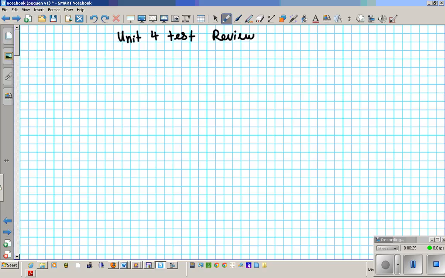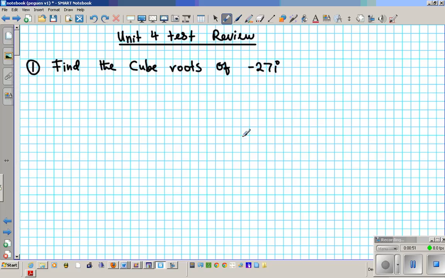Alright, so let's take a look at number 1. Number 1, we're asked to find the cube roots of negative 27i. Okay, so we're looking for all the cube roots, not just the principal roots.